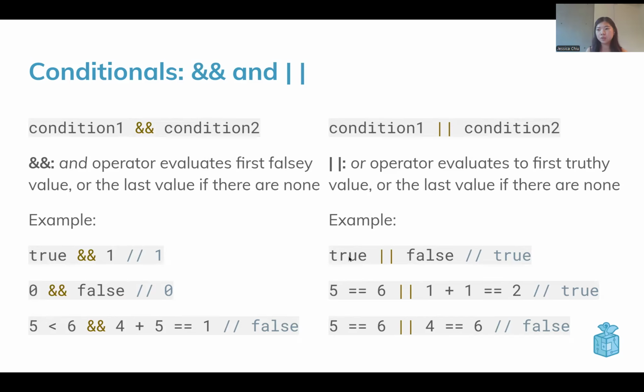It evaluates to true because it's the first true value it found. In this case, checking if 5 is equal to 6, that is false, but 1 plus 1 equal to 2 is true. So then that results in true because that's the first true value it found. Okay?